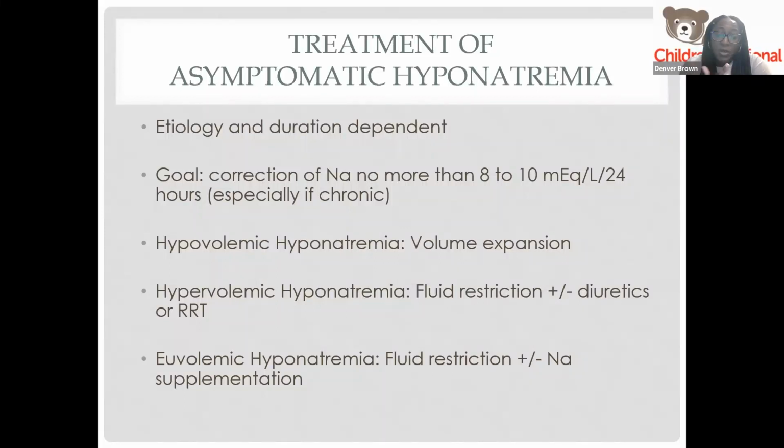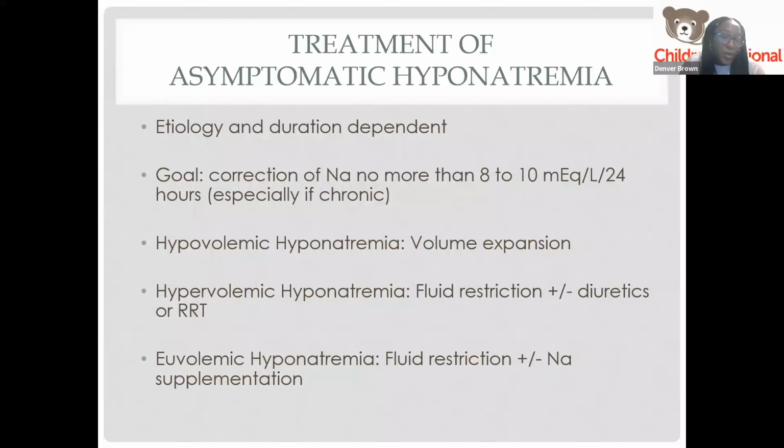Again, if someone corrects very rapidly and they've been hyponatremic for less than 48 hours, they're likely to tolerate rapid correction, and we'll go into why rapid correction is concerning in the next slide. But typically when you have your hyponatremic patient, you're aiming to correct their serum sodium by no more than 8 to 10 milliequivalents in a 24-hour period.